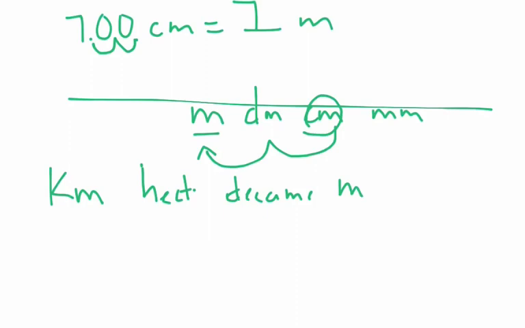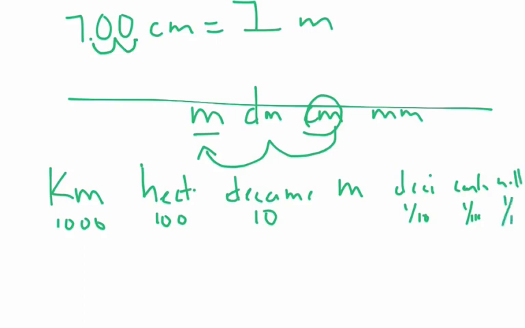We have the meters, so this means 10, this means 100, this means 1,000. You have the meter, and then on the other side you have the same. You have deci, which means 1/10. You have centi, which means 1/100, and you have milli, which means 1/1,000. Knowing this, you're going to know if you're going to the left or to the right.